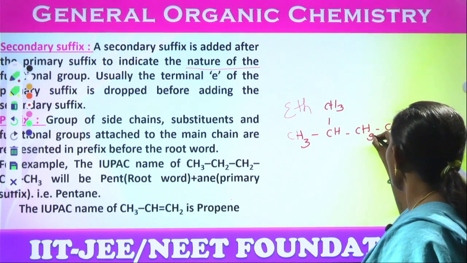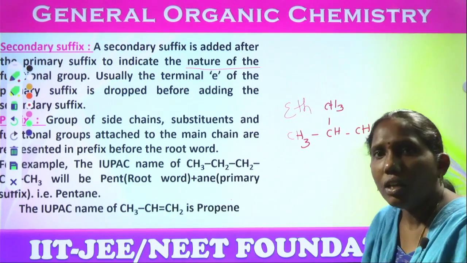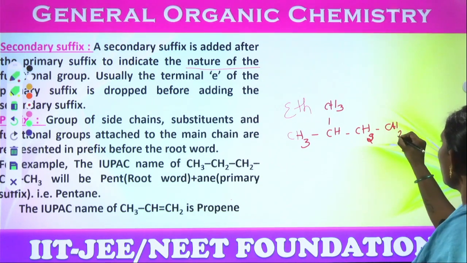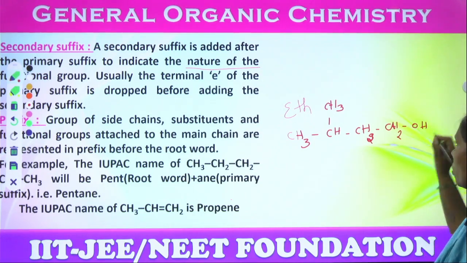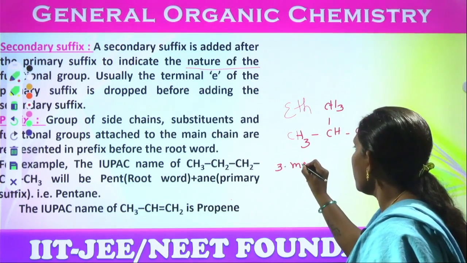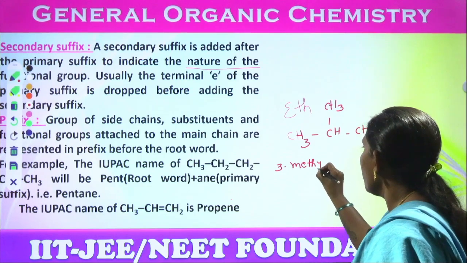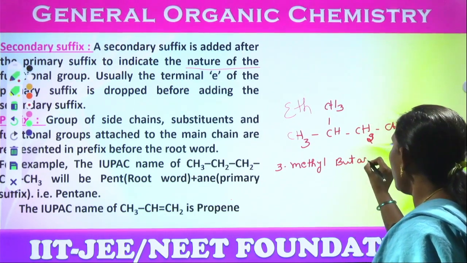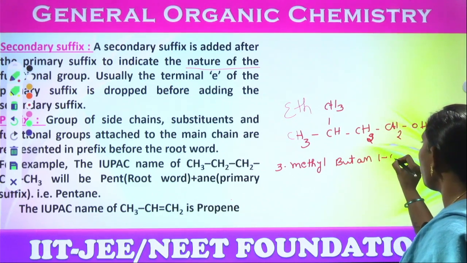Sorry, CH2. If I write CH3 here, carbon will have 4 bonds. We have to check that also. CH2, OH. So for this we have written 3-methyl, but, ane, we have to drop the e, 1, ol.